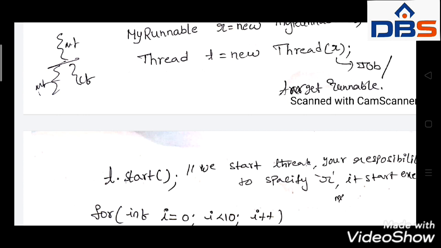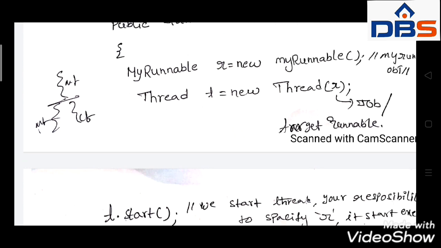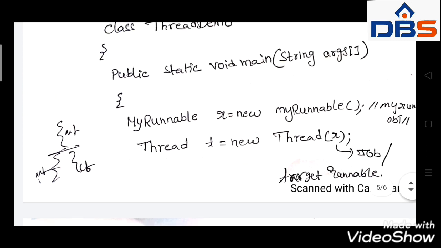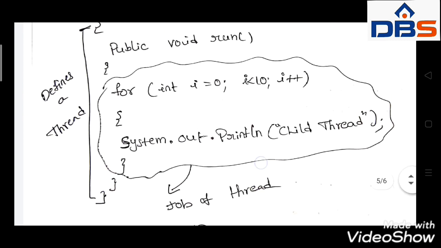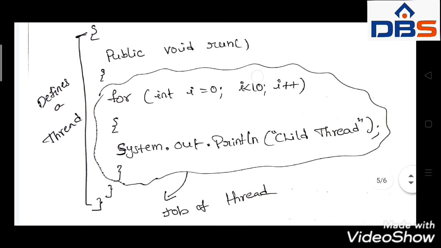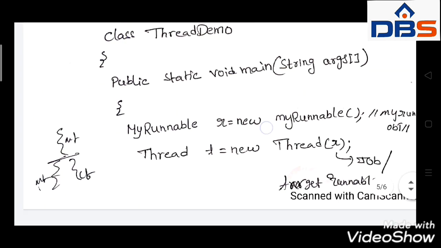So what is r? R is the object for MyRunnable. So automatically it will go to the particular child block and execute this statement, child thread.